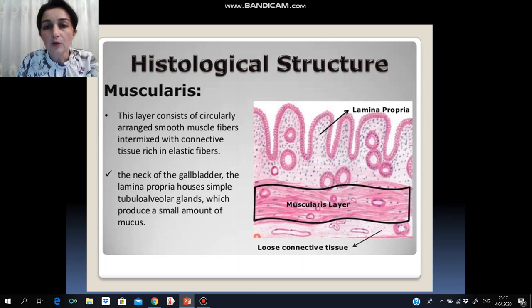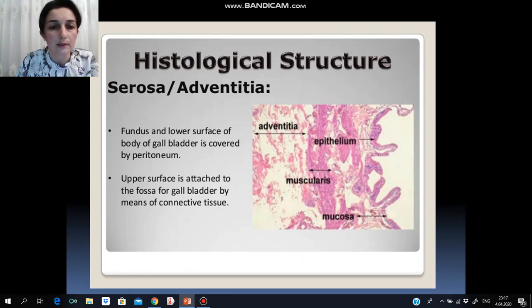At the neck of the gallbladder, in the lamina propria, we can find tubular alveolar glands, which produce mucus for lubrication of the surface of the gallbladder. The outermost coat is adventitia on the face of the gallbladder that faces the liver, and the inferior surface of the gallbladder is covered by peritoneum. That's why that coat is serosa.